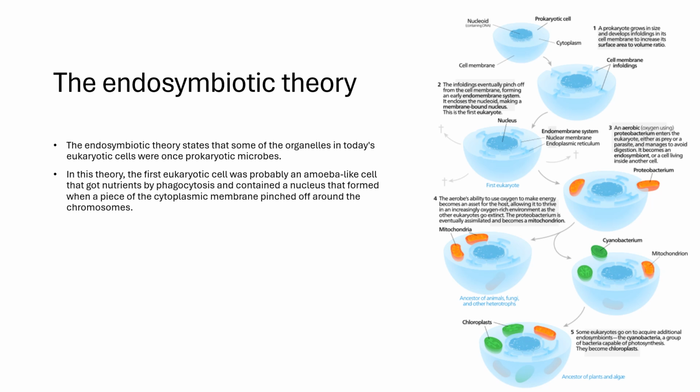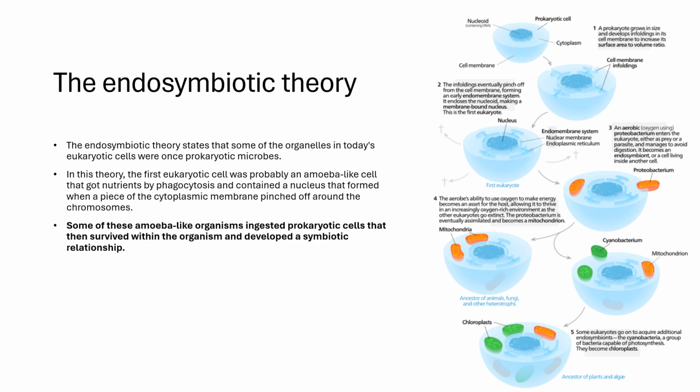The genetic material is compartmentalized, bound by membranous structures, making the nucleus itself a proper organelle inside the cell. And it is different from the prokaryotes because the prokaryotes do not have a nuclear membrane.